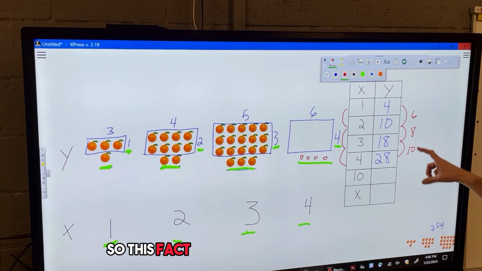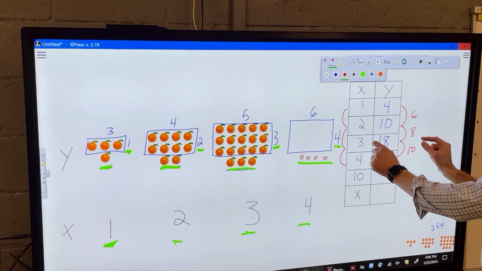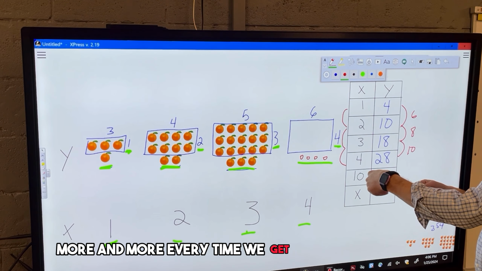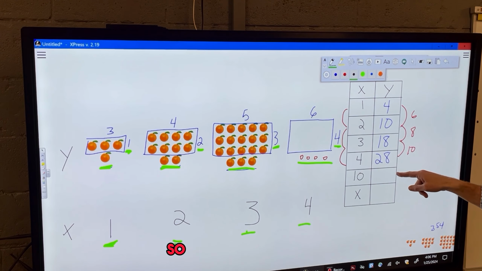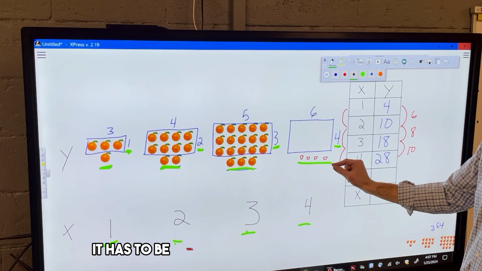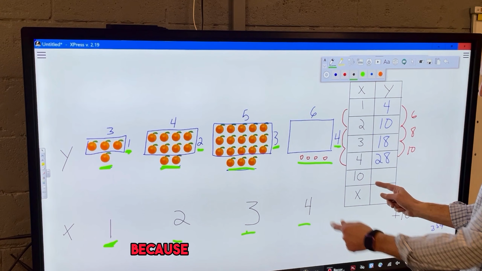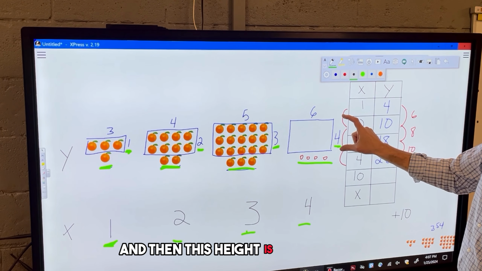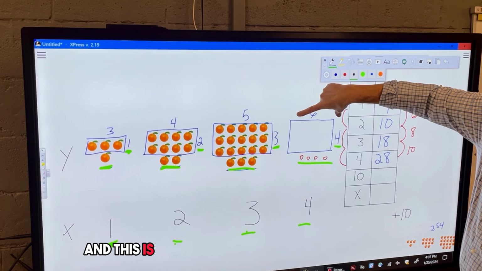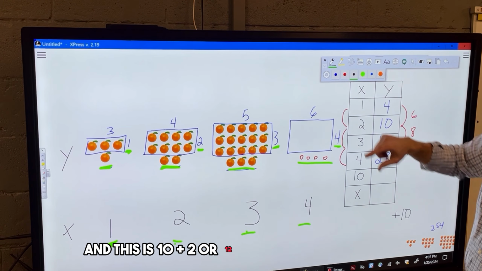This tells me that it's growing more and more every time we get to a new iteration. The 10th iteration is going to be plus 10, because that's that bottom part. And then this height is going to be 10, and this is 10 plus 2, or 12.